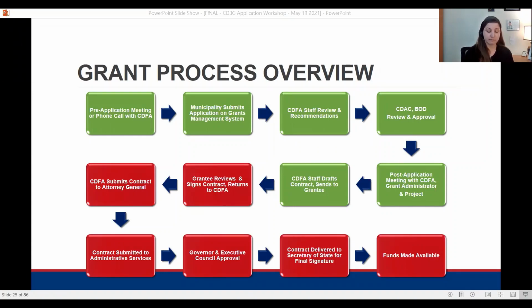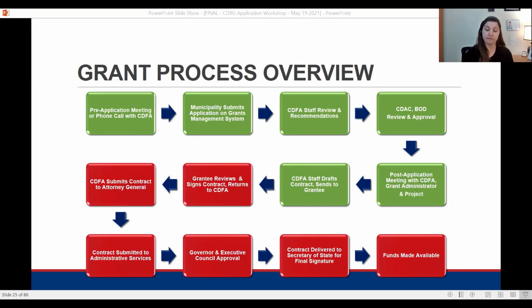Once it's received through the GMS system by the deadline, the CDFA staff then review and make recommendations and score applications which meet threshold criteria. After that point, the staff reviews are sent to the Community Development Advisory Committee for approval or denial.